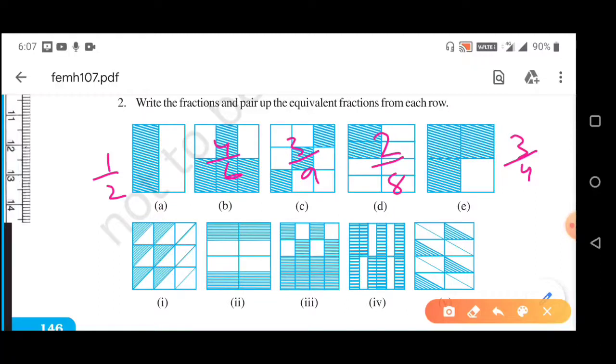Here in total for Roman 1, we have 1, 2, 3, 4, 5, 6, 7, 8, 9, 10, 11, 12, 13, 14, 15, 16, 17, 18. So 6 by 18. Here it will be 4 by 8. Here it will be 12 by 16.